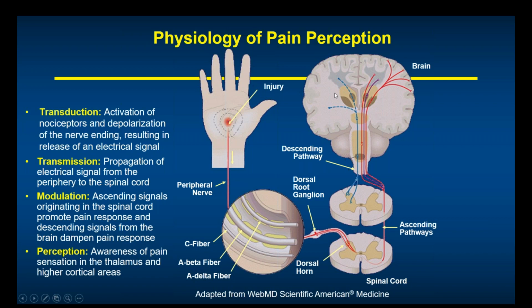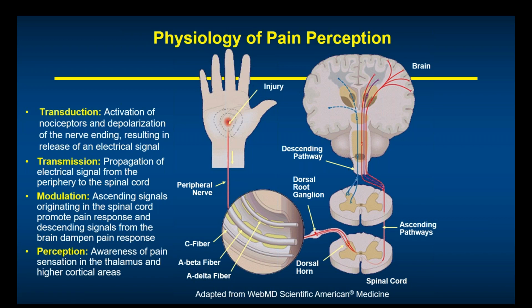But one important aspect of the modulation of pain is the ability, and if you look on this illustration, this blue pathway, is the ability to modulate pain through descending pathway modulation.